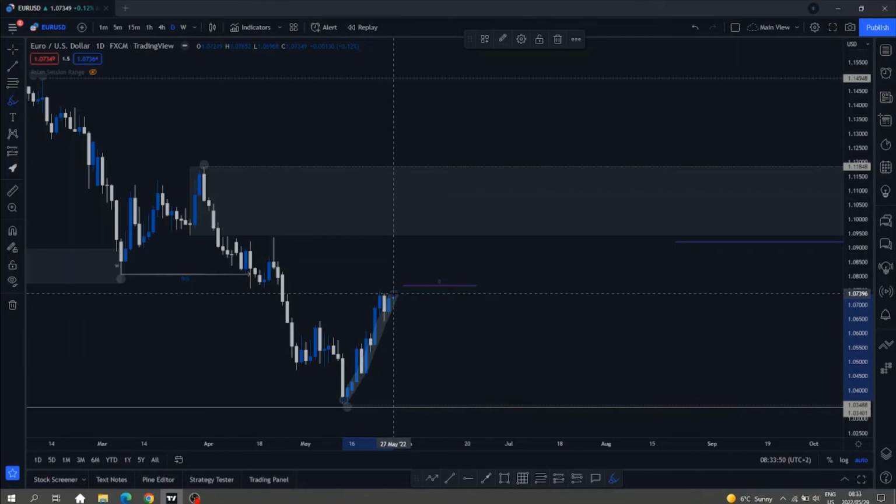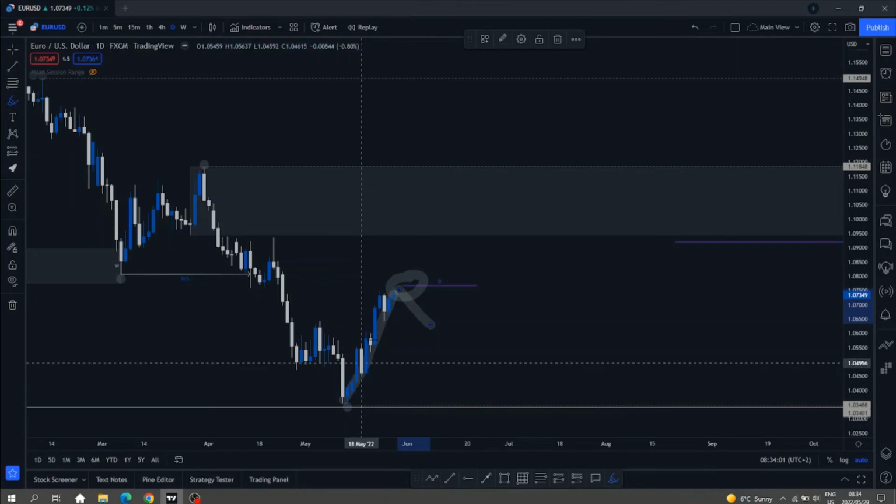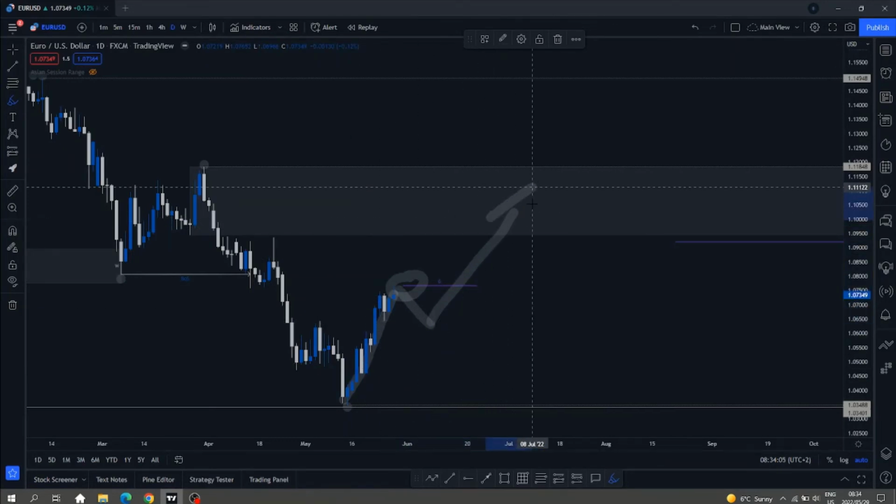Now, because we are interacting with our daily equilibrium, we could see a correction of this particular daily push to the upside, just to give this bullish rally some relief before continuing higher to our weekly flip zone that we identified.